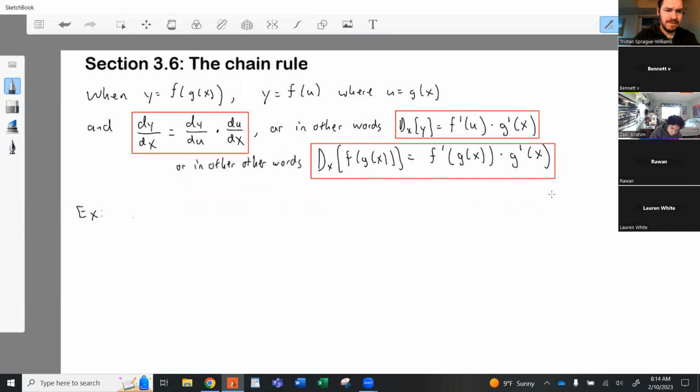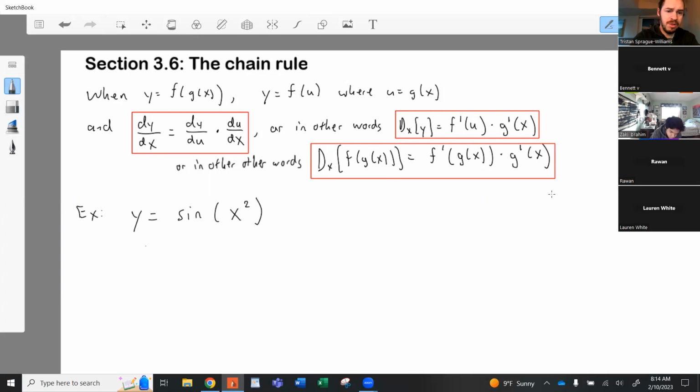Let's say you take the function y equals sine of x squared. This is a composition of functions.